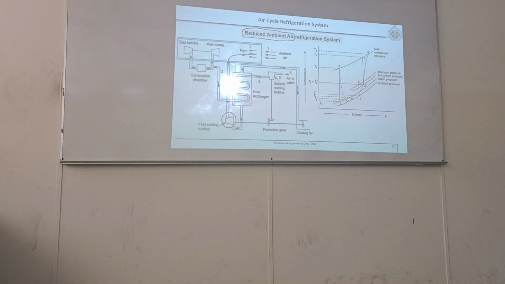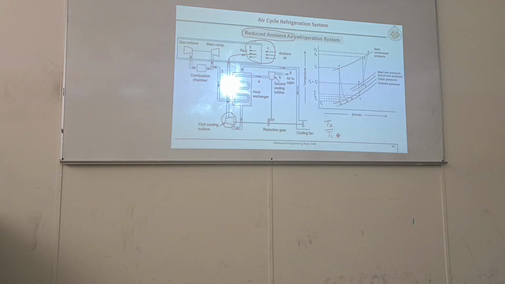So we have covered the simple cooling system, bootstrap type cooling system, then regenerative, and now this one is the reduced ambient air refrigeration system. Because at very high velocities, for example, when the aeroplane is moving or a rocket is moving at supersonic velocities, you remember that equation which we developed for the diffuser part?